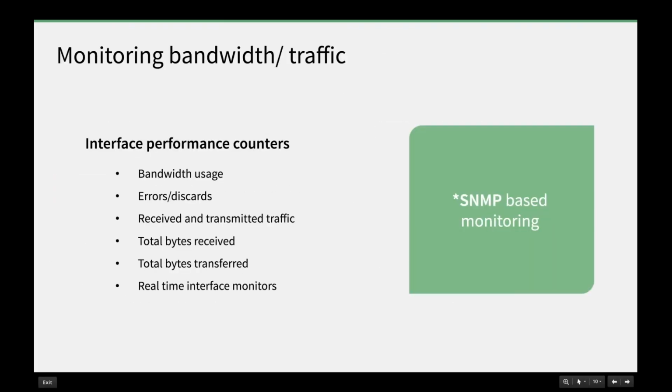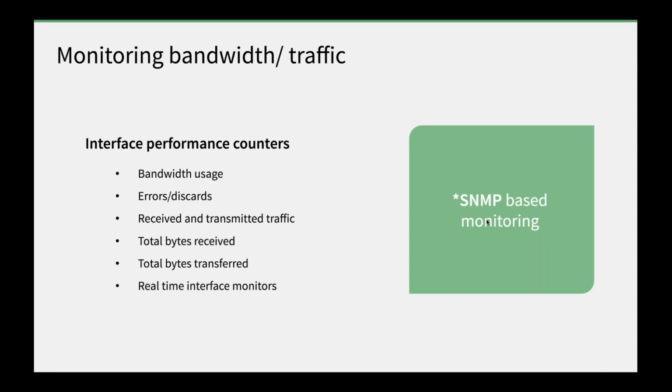And next, we also monitor the bandwidth and traffic utilization on the routers and switches, on servers as well. So it is purely SNMP based monitoring, and we do have a module to monitor the interface information based on the flow. So flow-based interface bandwidth traffic analysis is done using NetFlow Analyzer.